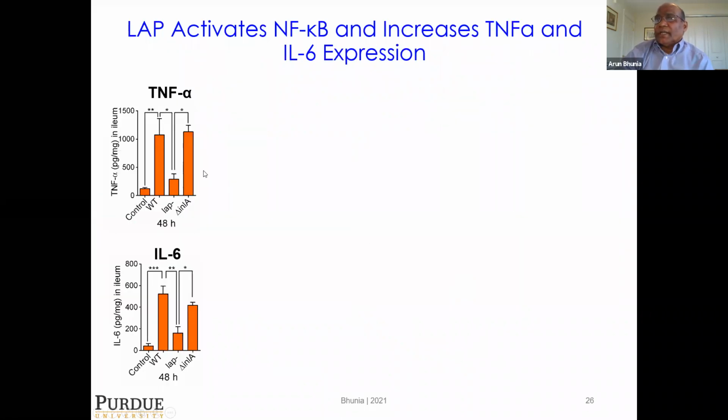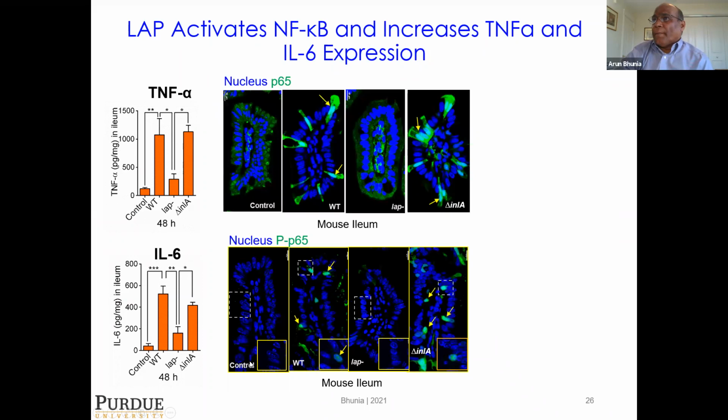First we looked at the TNF alpha and IL-6. As I said, inflammatory cytokines help open up the tight junction barrier. The lap mutant has a reduced level of TNF alpha and IL-6. Then when you looked at NF-kappa B, you can see in the wild type this P65 protein translocated into the nucleus, and you can clearly see the epithelial cells where P65 levels are high.